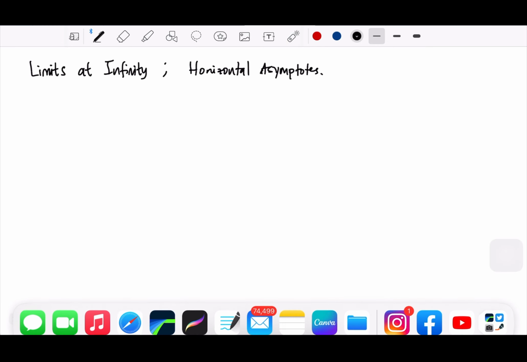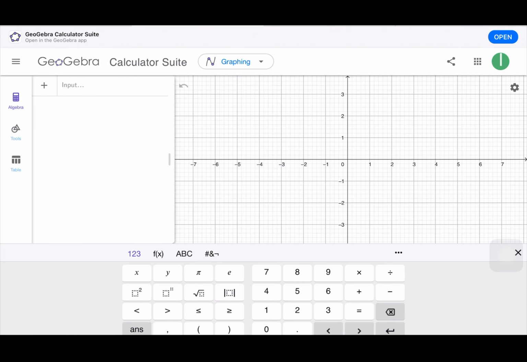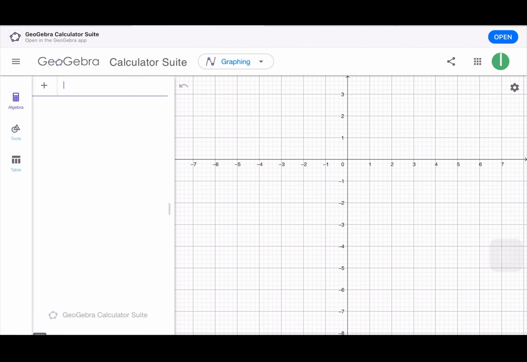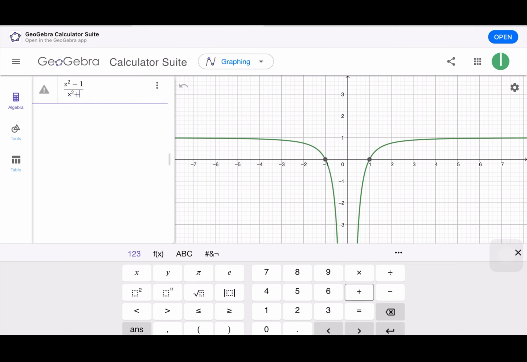Let me go to some website first to get maybe some graph. x squared minus 1 over x squared plus 1.